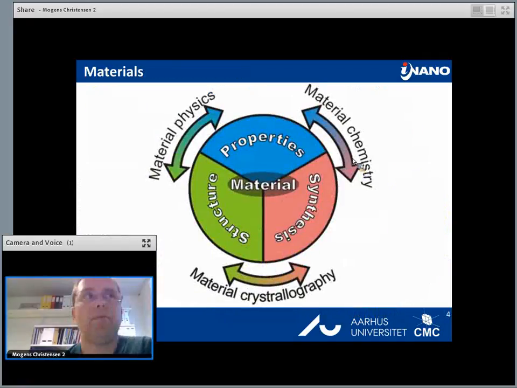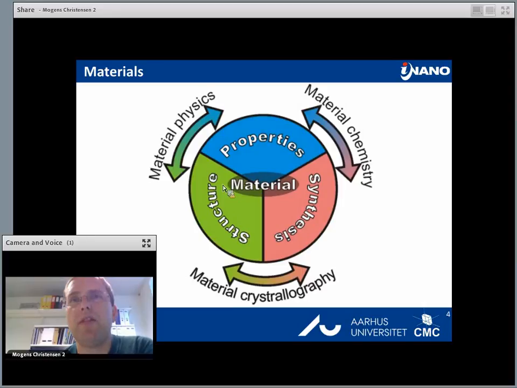So I should have said that the two items that I will speak most about are thermoelectricity and magnetic materials during my lectures. So if we look at materials, we can sort of divide it into having materials here in the center, and then the materials have certain properties. They are produced by a certain synthesis method, and then they have a certain structure.